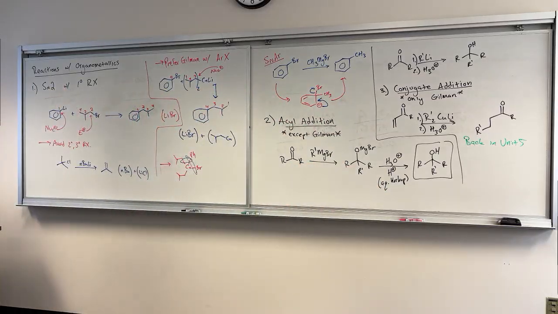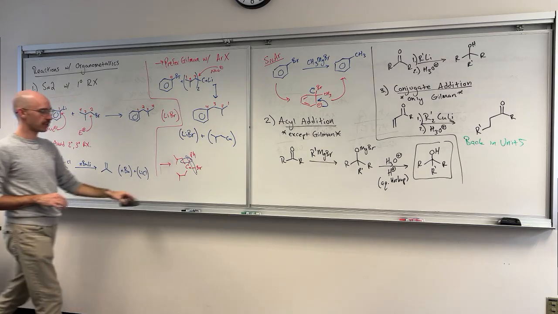An idea that says Gilman and the organolithiums and the organomagnesium halides are not the same. They both do addition reactions in the context of carbonyls, but they actually run different addition reactions.